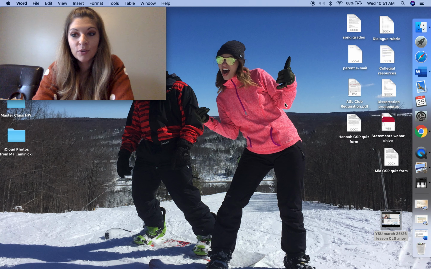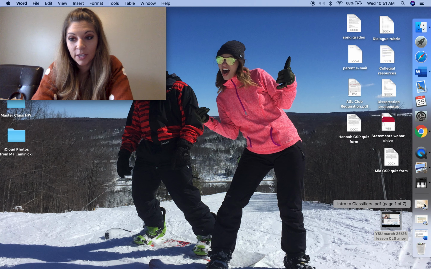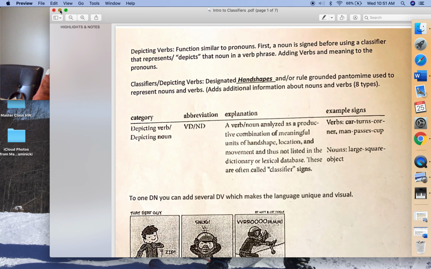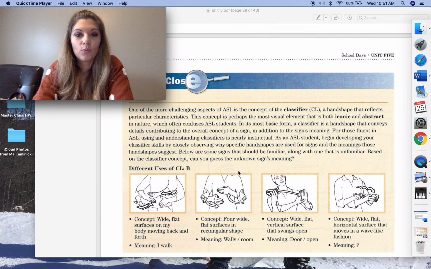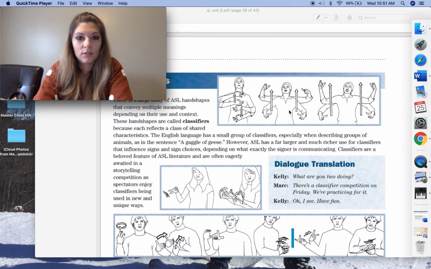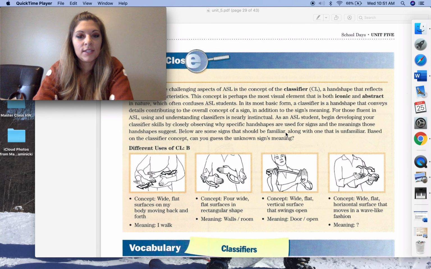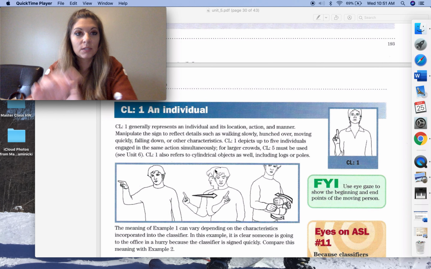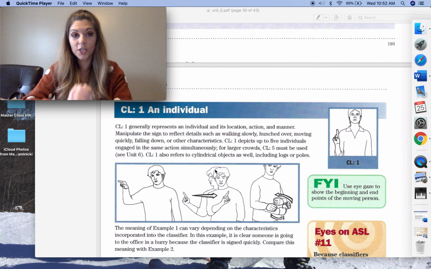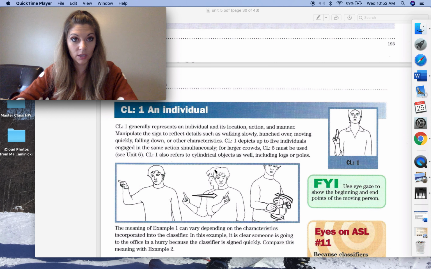Okay, so now that you have those notes, we need to go back to your book and actually finish our lesson. Here we go. So we talked about some of these classifiers and these hand shapes, but now we're going to talk about specific hand shapes. We just learned 8 classifier types.